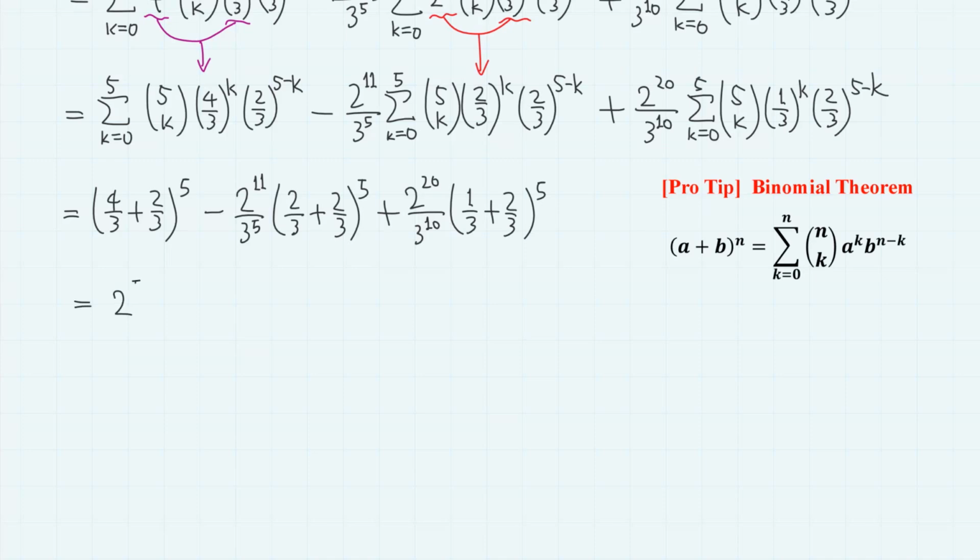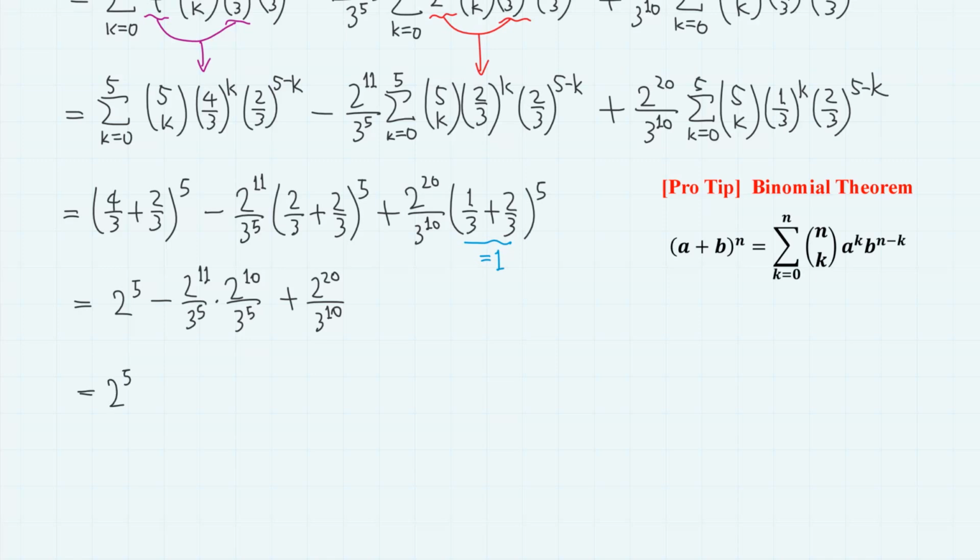So we have 2 to the power of 5 here, then minus 2 to the power of 11 divided by 3 to the power of 5 times 2 to the power of 10 divided by 3 to the power of 5 here, and since this part is just 1, we have 2 to the power of 20 divided by 3 to the power of 10.